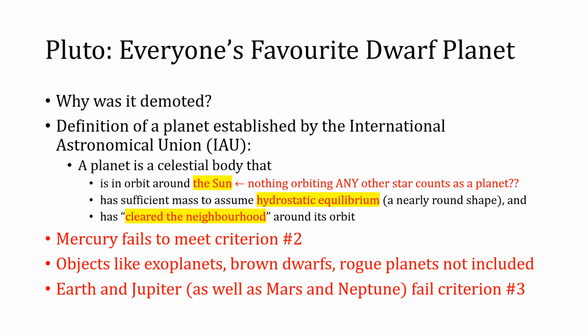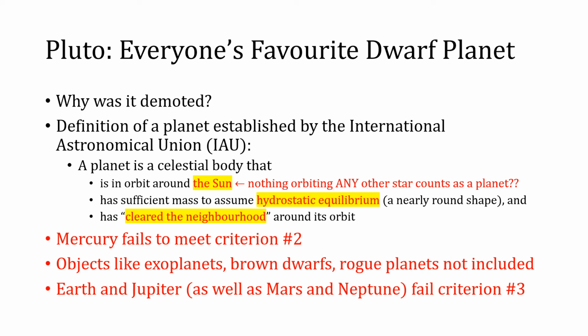Because if these are the criteria of planets, then you should probably keep the other 8 planets that aren't being contested about whether or not they're planets, right? But anyway, Mercury apparently fails to meet criterion number 2. It's not close enough to being round, even though it did look that way in the pictures. I guess if you go through all the observations and the math, it's not round enough.